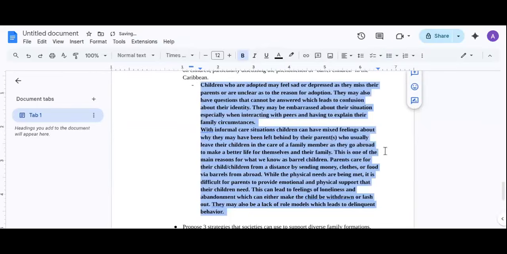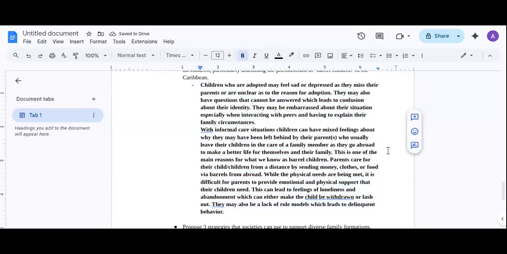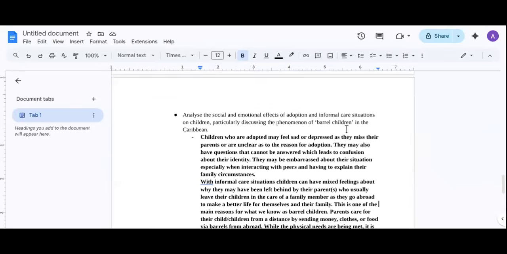So children who are adopted may feel sad or depressed as they miss their parents or are unclear as to the reason for adoption. They may also have questions that cannot be answered, which leads to confusion about their identity. They may be embarrassed about their situation, especially when interacting with peers and having to explain their family circumstances.